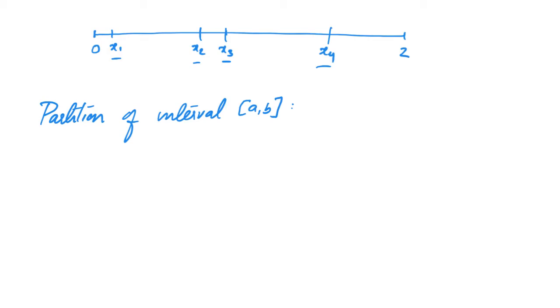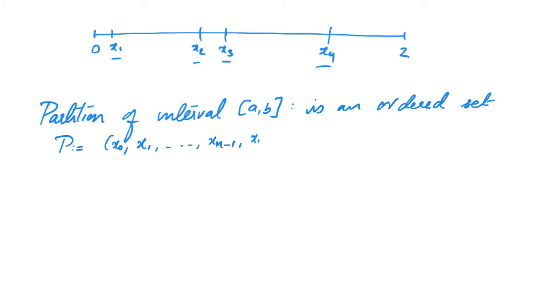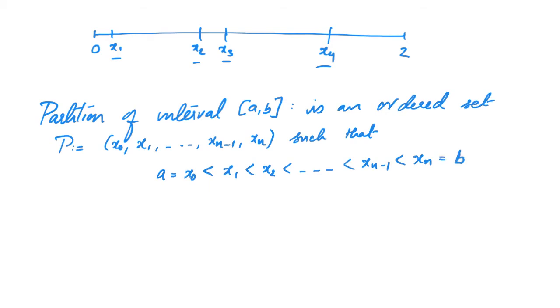A partition of an interval AB is an ordered set P, which is equal to x0, x1, etc. up to xn minus 1, xn, such that A is equal to x0, is strictly less than x1, is strictly less than x2, is strictly less than etc. up to xn minus 1 is strictly less than xn, which is equal to B.